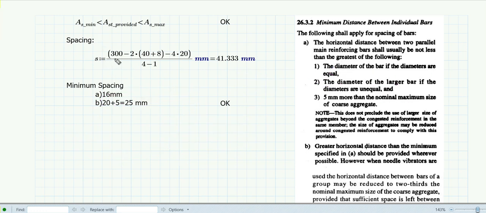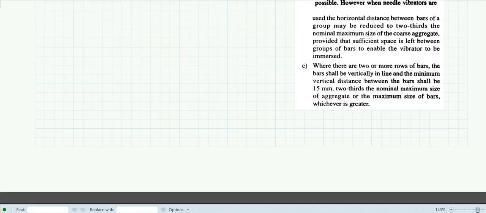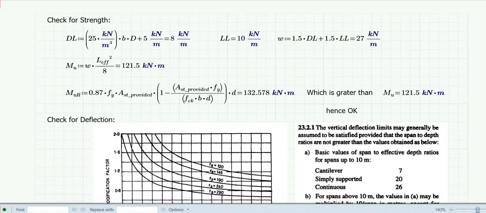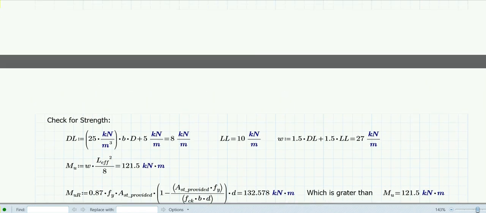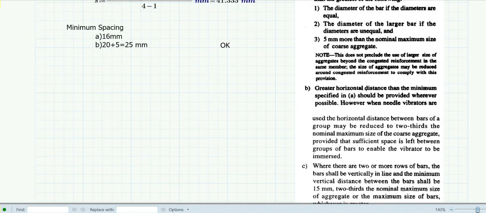So the spacing we can calculate. Now for the calculation of the spacing, you just assume the section. Let me see whether the section drawing is here. No, probably not. Let me show you. So this is the beam.